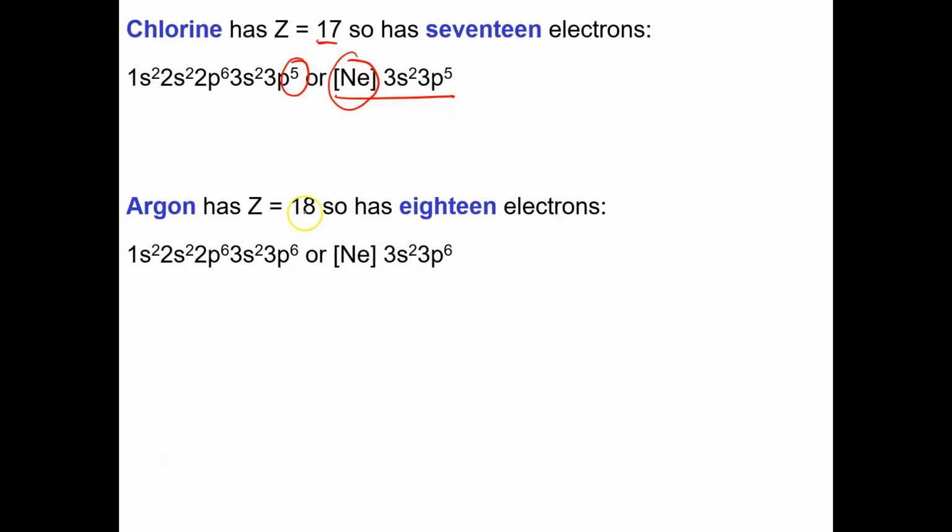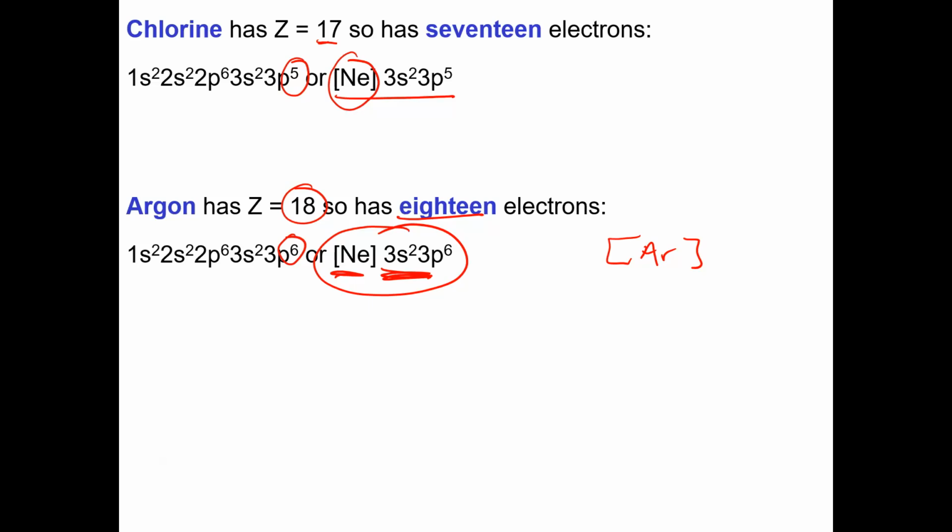Argon completes row 3 of the periodic table, period 3, and argon has 18 electrons, and that finishes off the 3p subshell. Again, we can abbreviate the electron configuration of argon. Note that we don't write argon by itself in square brackets. We always write the symbol for the preceding noble gas in square brackets, followed by the number of valence electrons.